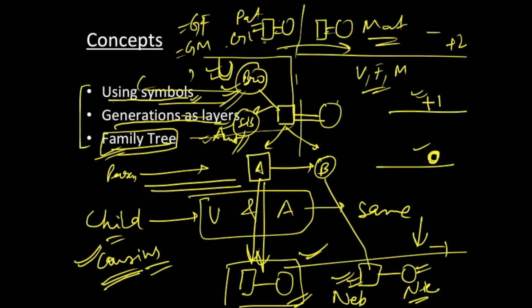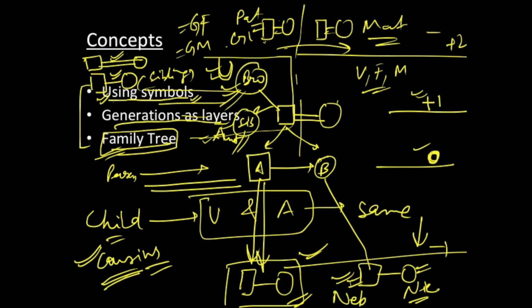These are the only concepts which are going to be used. The most important one is the usage of symbols. We have already dealt that a square indicates a male, a circle indicates a female, double lining indicates the marriage alliance, and a single line between two indicates the relationship of siblings.